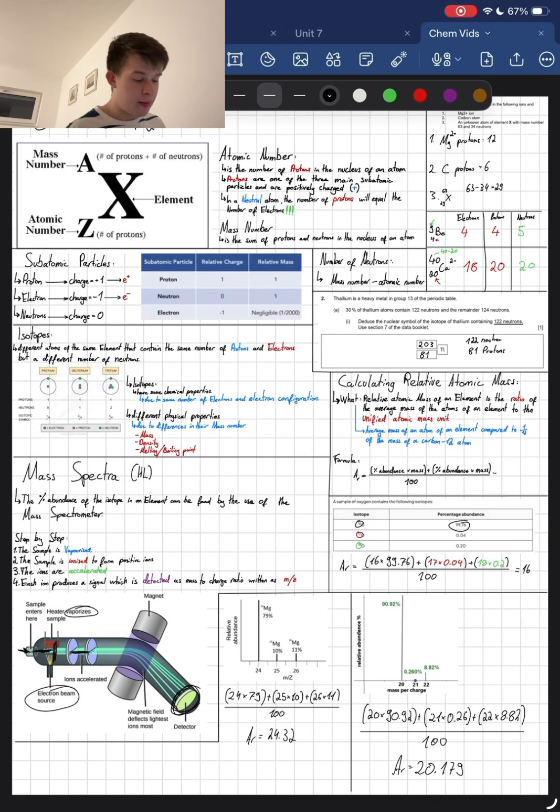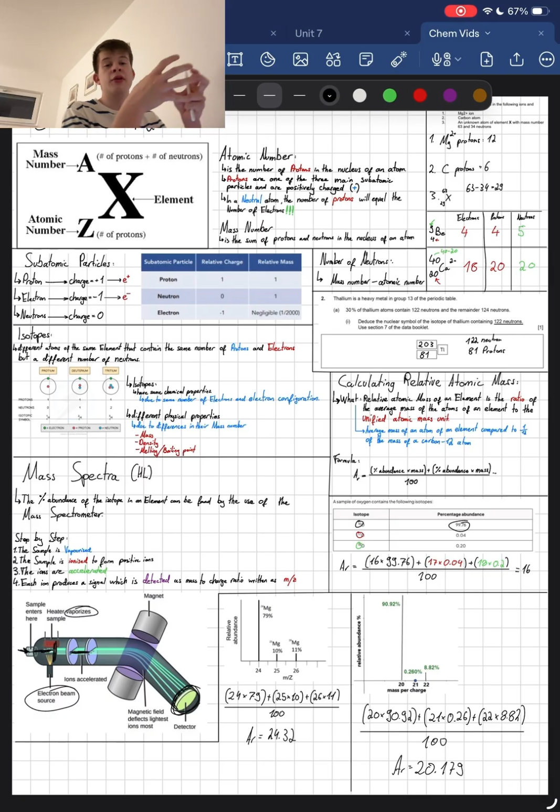We also learned how to calculate the relative atomic mass. So we have the percentage abundance times mass plus, again, the percentage abundance times mass, depending on how many there are, divided by 100. And lastly, for the HL people, we learned that isotopes are detected by mass spectra: they are vaporized, ionized to positively charged ions, accelerated and then detected.